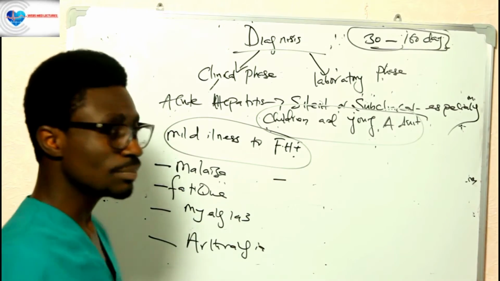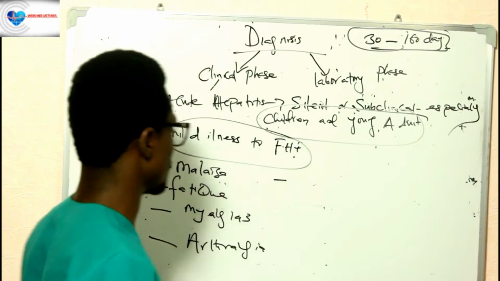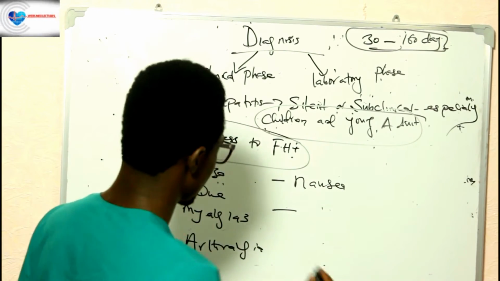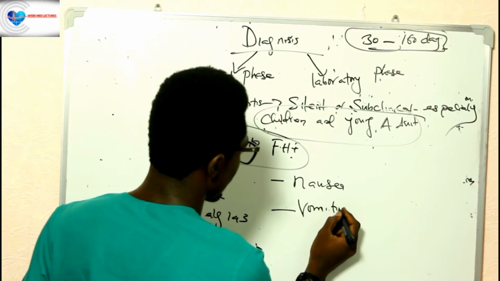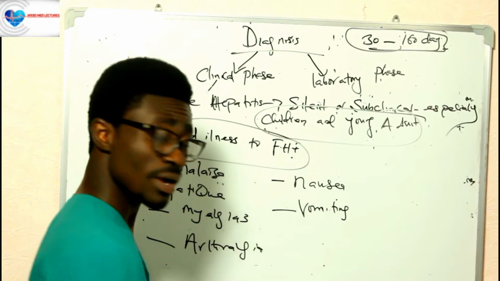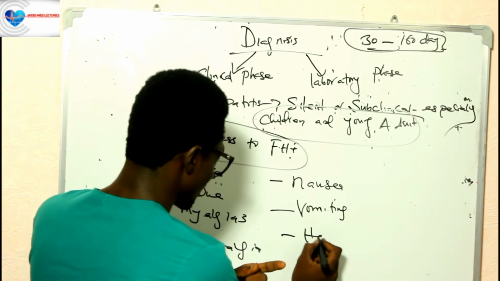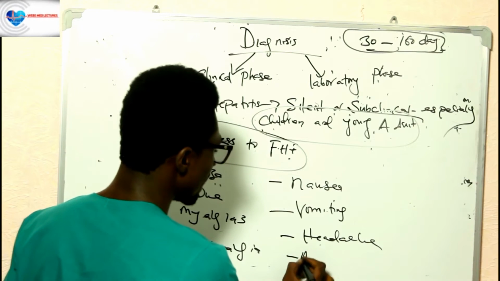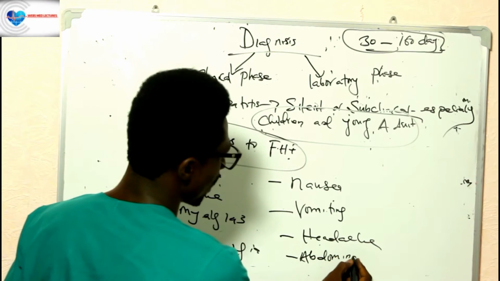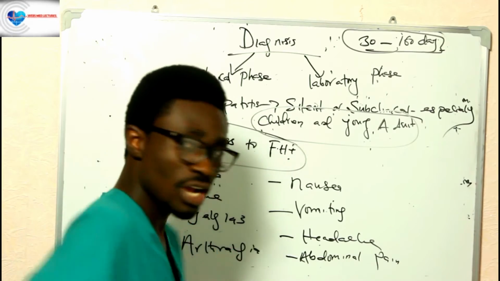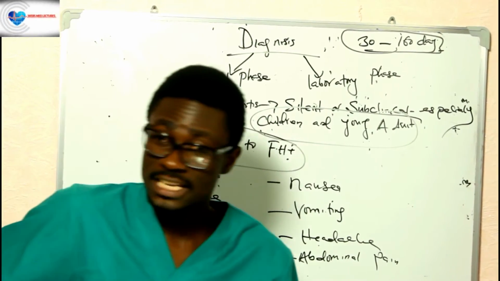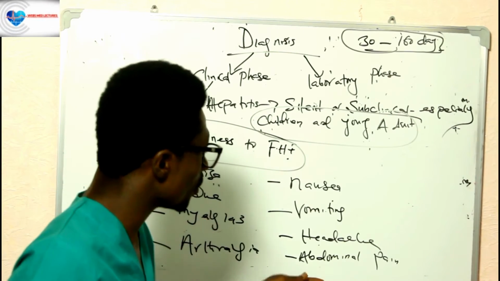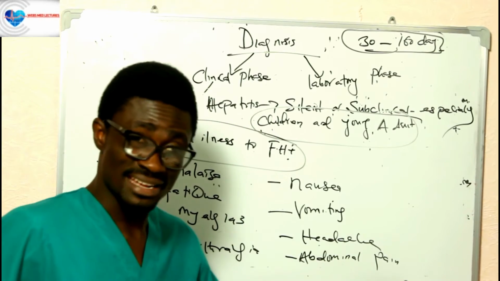And also the patient is going to experience nausea and also vomiting, guys. Also headaches. They'll be complaining of headaches, and also abdominal pain, guys. They're going to have right upper quadrant pain because the liver is situated in the right upper quadrant region of the abdomen. You understand?